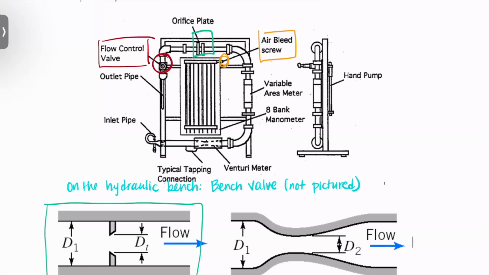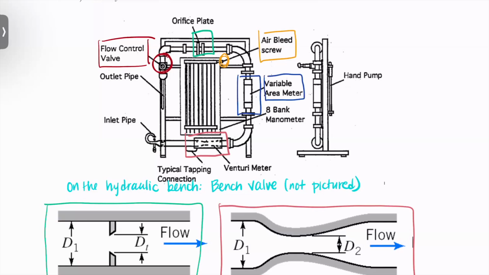And then we also have the Venturi meter, down at the bottom, and the zoomed-in view of it is right here. And then we also have a variable area flow meter right here, to the right-hand side of the apparatus. This picture is a profile view.